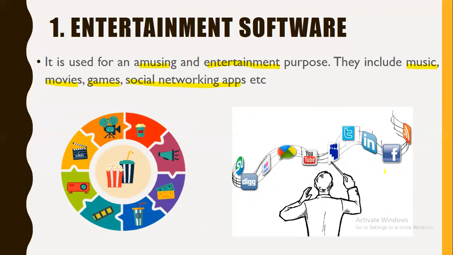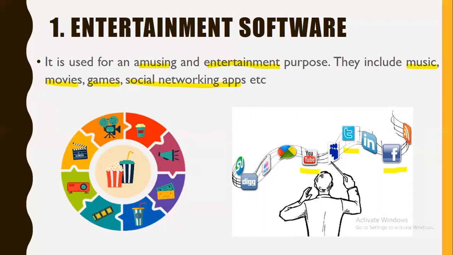Most of us are familiar with Facebook. We use Facebook in our free time. It is a social networking app. We use Twitter. We also use YouTube in order to search and watch different types of videos. And there are a lot of social networking software or applications available.